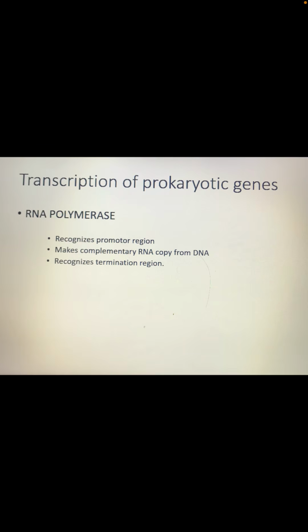And then after the recognition, we will move towards the second step, which will be the elongation. During elongation, a single stranded RNA will be protruding out from the double stranded DNA.